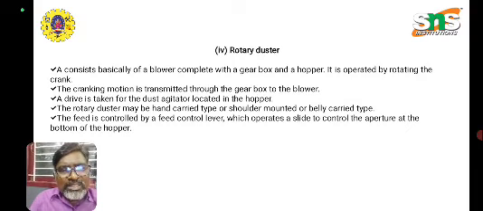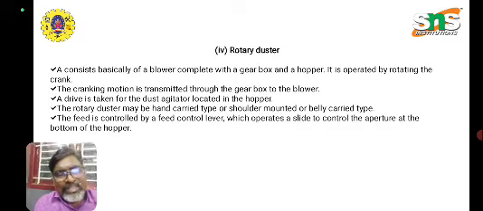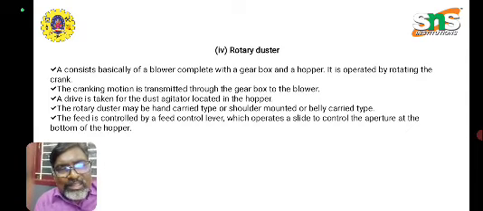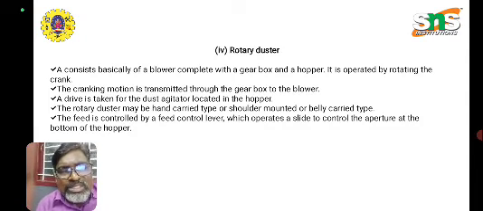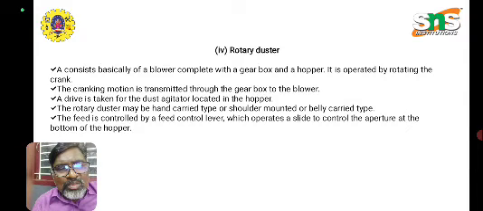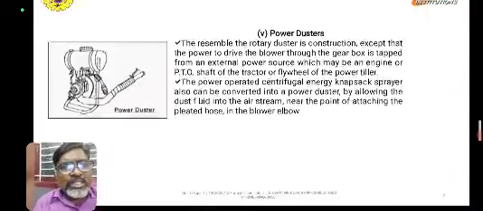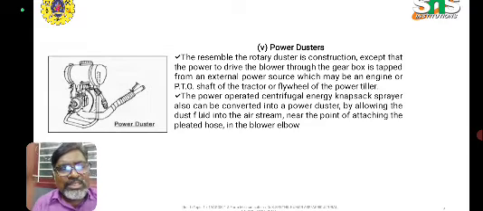The rotary duster may be of hand carry type, shoulder mounted or belly carrier type. These are the various methods by which rotary dusters are carried. The dust feed is controlled by the feed control lever, which operates a slide to control the aperture at the bottom of the hopper.